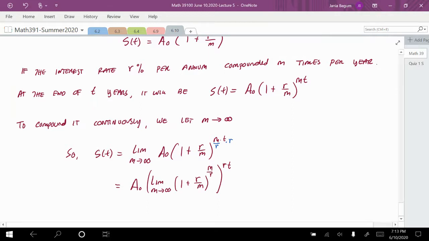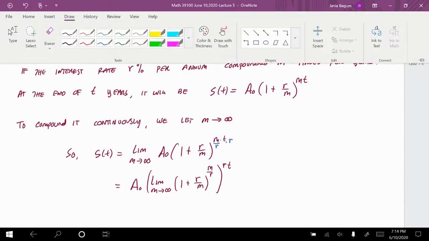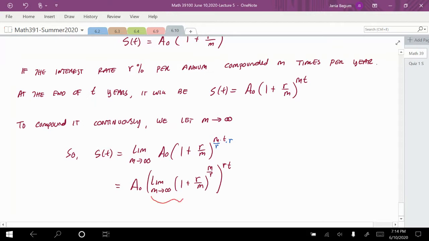So what do you recall? What is this limit right here? Do you guys remember? If you remember from calculus, this is the definition of e, the exponential term.